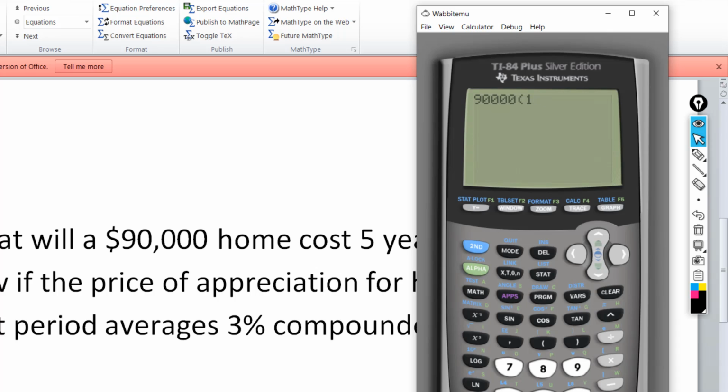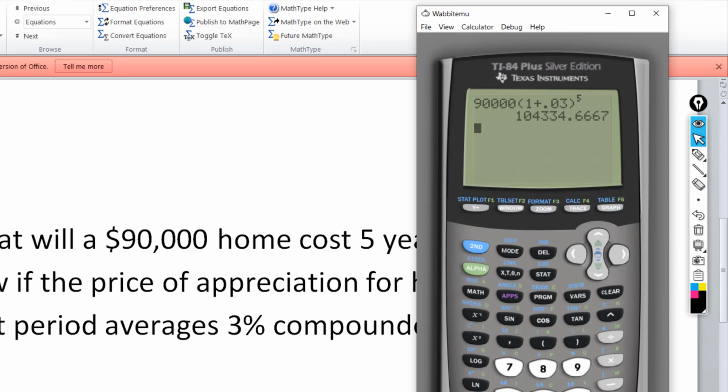This will be 1 plus, and then the R divided by 1 in this case, 3%, write it as a decimal, 0.03. And then the exponent here is the number of periods. Well, it's compounded annually, so it's 1 period per year, and there's 5 years. So the exponent here is 5.